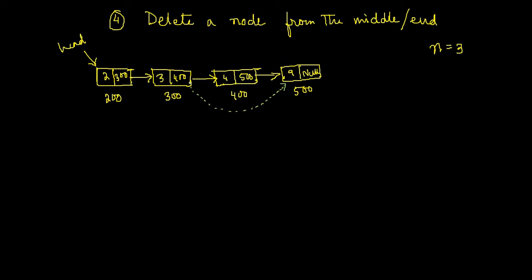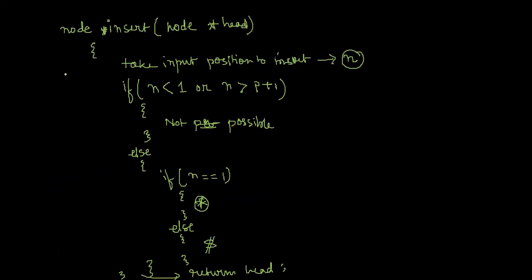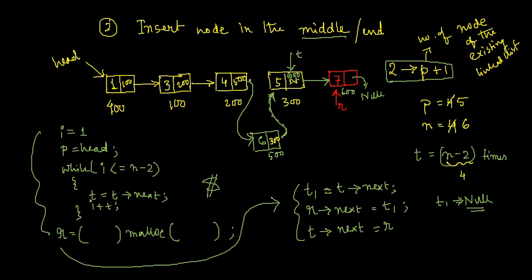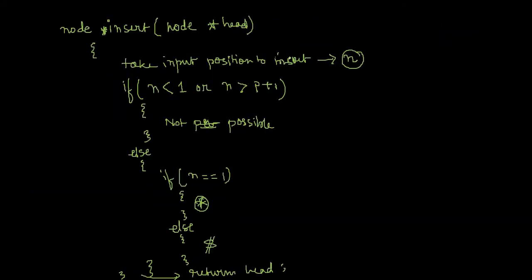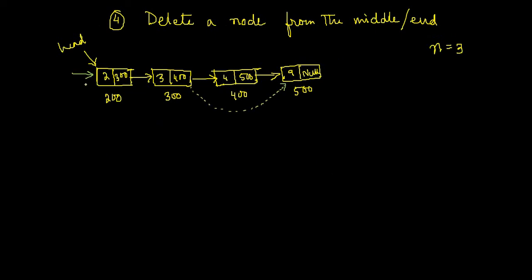So how can I reach it? Obviously, I need one more pointer here, as we have seen in the previous case, that is T. Here also I need a temporary pointer T, which will traverse up to the position where we want to stop.